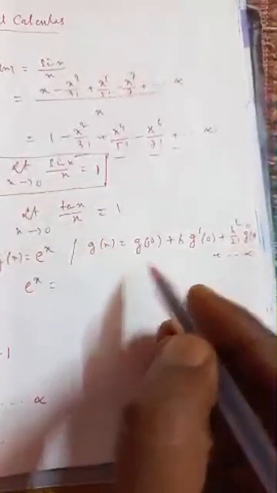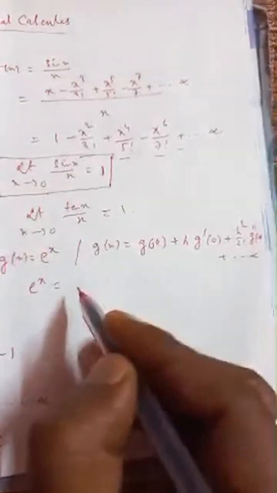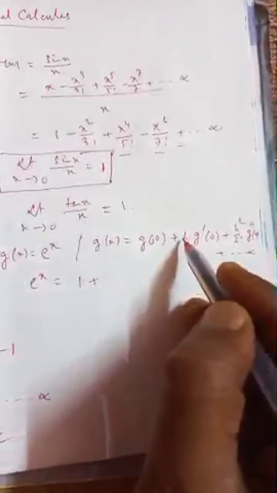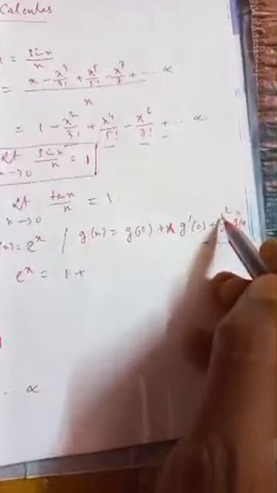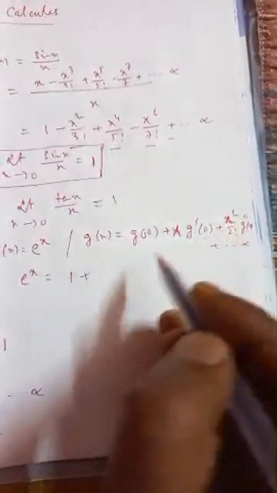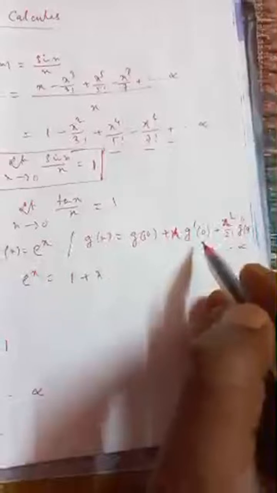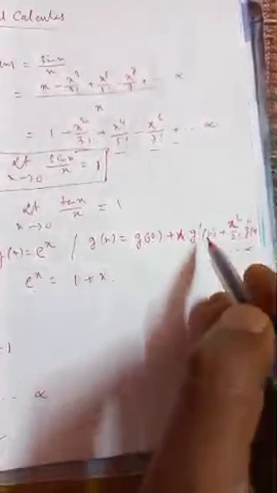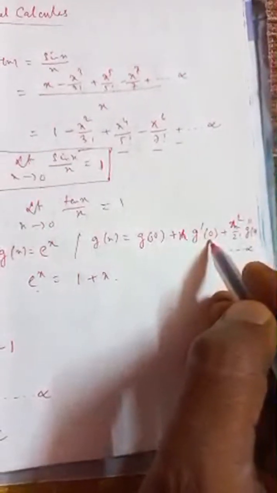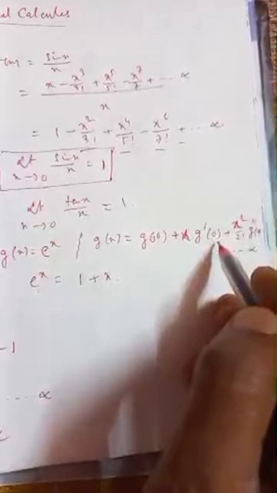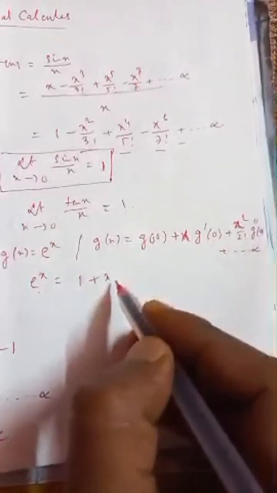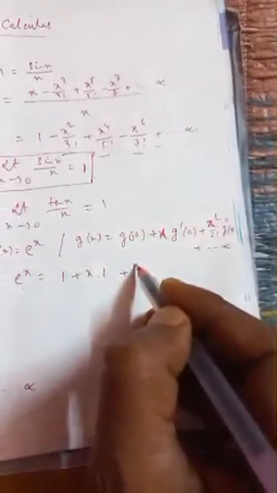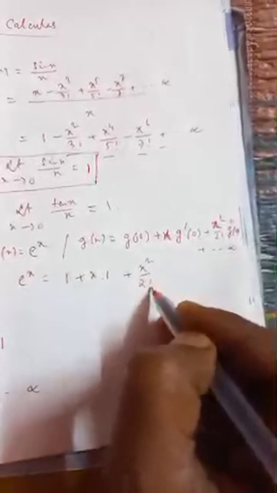Now if we put these values, e to the power x will be e to the power 0, which is 1, plus x times the first derivative of g(x), which is e to the power x again, and at x equal to 0 it will be 1. So x multiplied by 1 plus x square by 2 factorial.